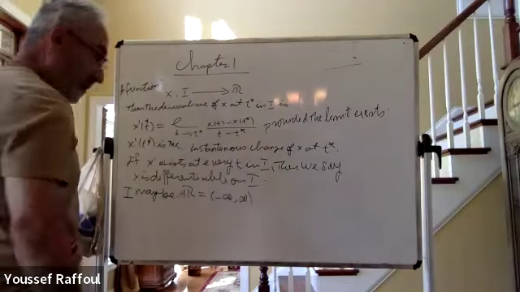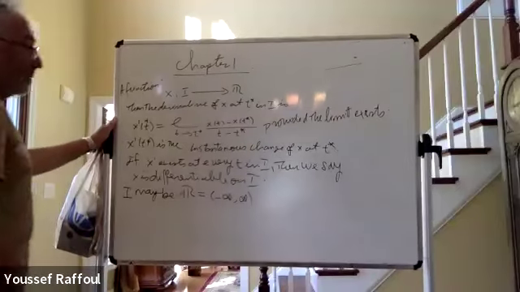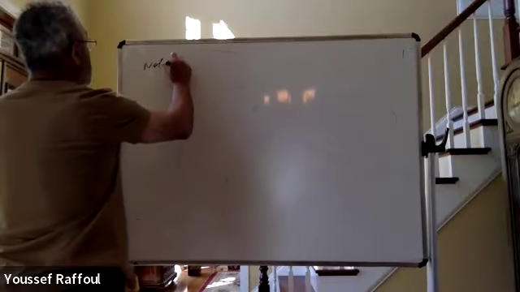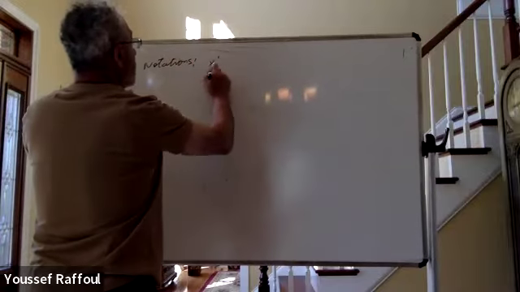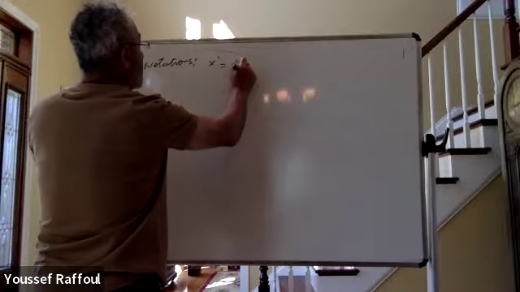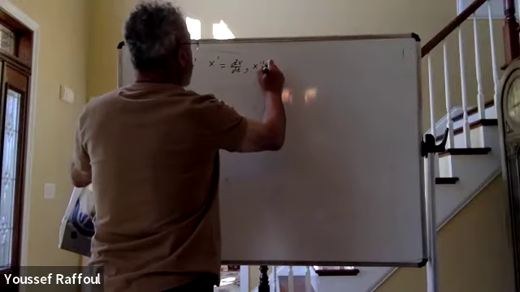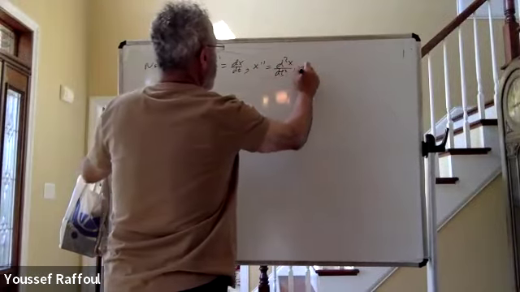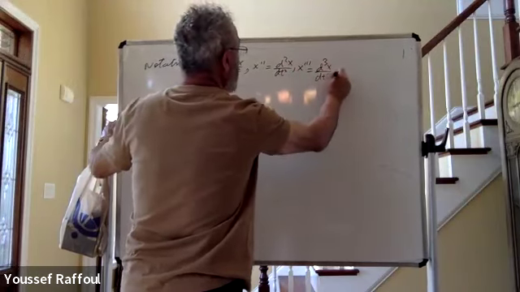So some notation. For example, we may write x prime to be dx over dt. X second is d square x over dt squared. X third is d cube x over dt cube.